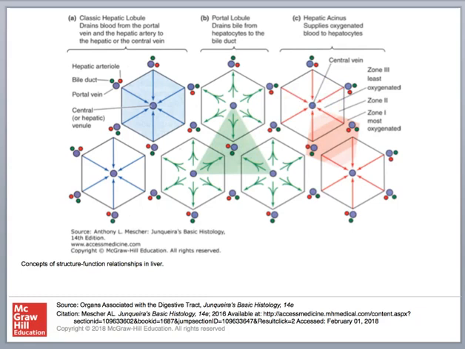So periportal hepatocytes nearest the hepatic arteriole, comprising zone 1 in the acinus, get the most oxygen and nutrients and can readily carry out functions requiring oxidative metabolism such as protein synthesis. Hepatocytes in zone 3 near the central vein get the least oxygen and nutrients.